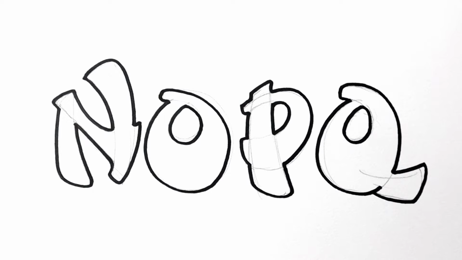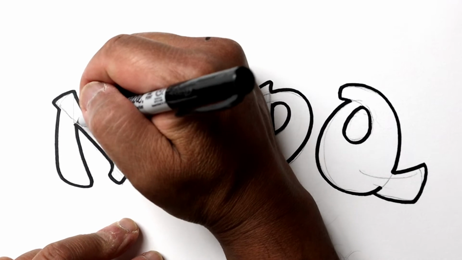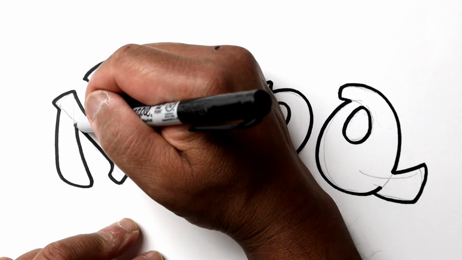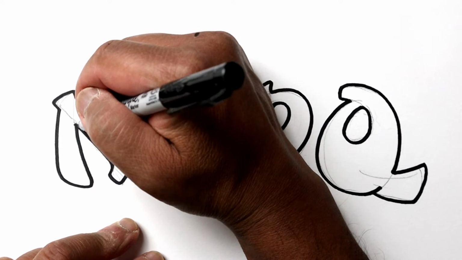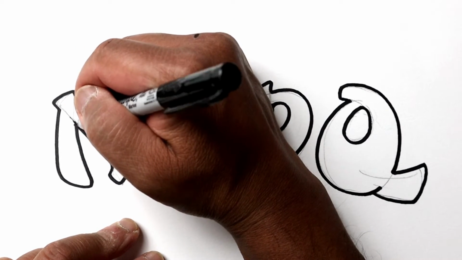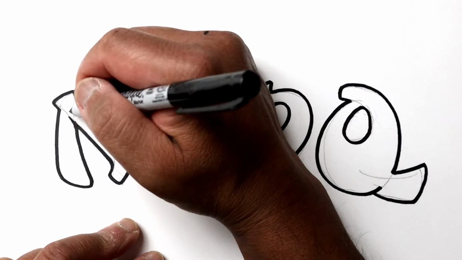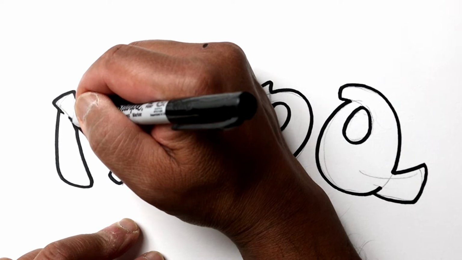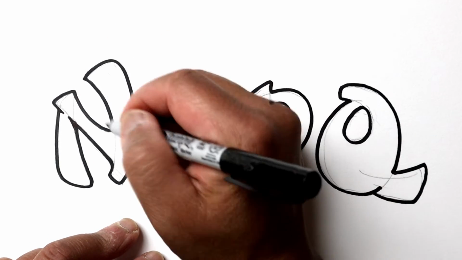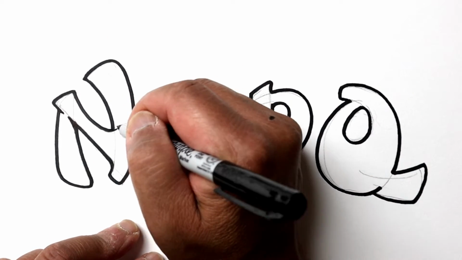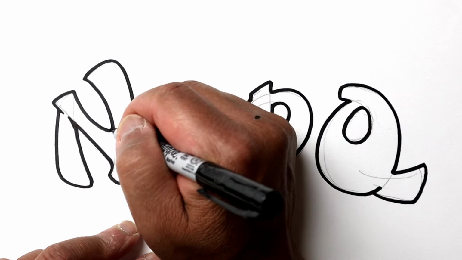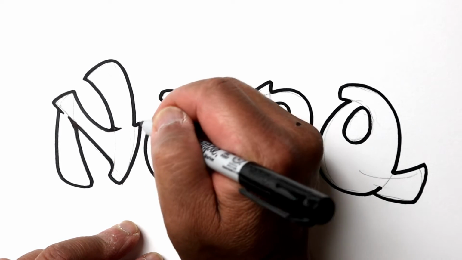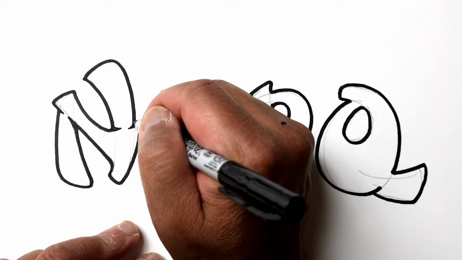Okay, let's fine-tune these a little bit. So with our N, I'm going to pick between these two lines to extend, and I'm going to extend this one, the angled stroke here, and same up here, making sure that we taper it. And here I'm going to pick that same line and angle it, and here.